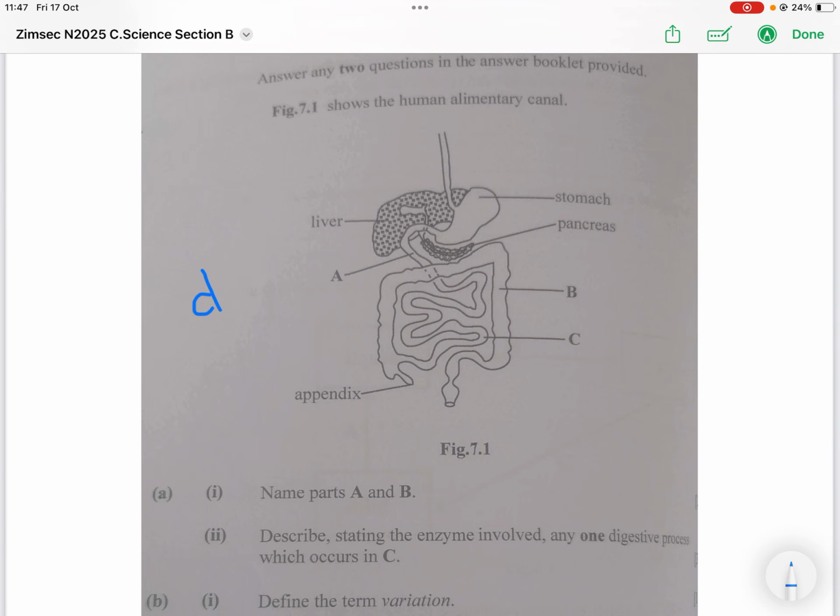So A, let me label it. This is known as the duodenum. This is the correct spelling: duodenum. So the part that is labeled A is known as the duodenum.